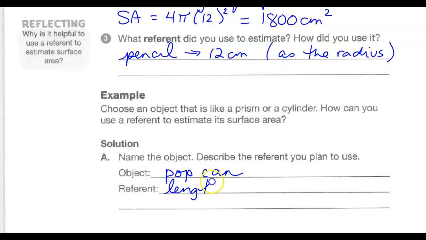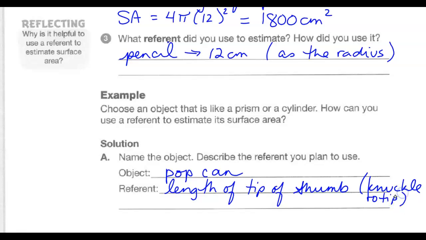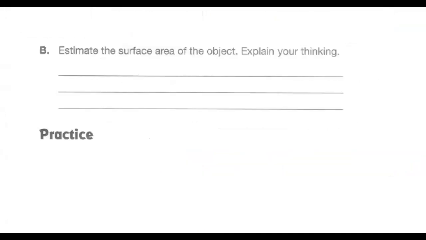So the referent would be the length of the tip of the thumb, knuckle to tip, 1 inch. Then estimate the surface area. If you put that on a can of pop, you will probably see that the diameter is about 2 of those, maybe close to 3.